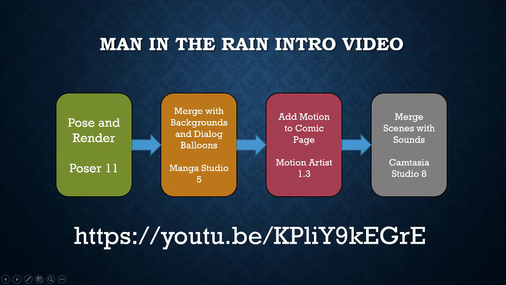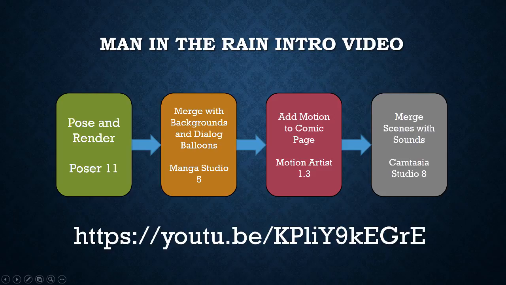Now, I'm going to show you 3 videos that I put together and what I've used to put them together before I show you the use of the tools to work on these. So the first one is to get poses and renders. I used Poser 11 for this video, which is called A Man Walking in the Rain intro. I then merged them with backgrounds and dialogue balloons in Manga Studio 5 to create a standard cartoon.